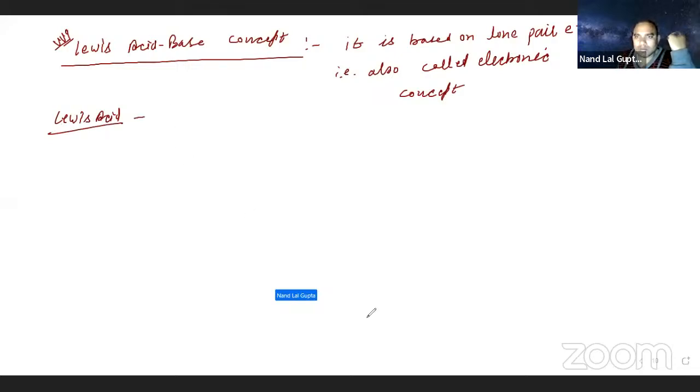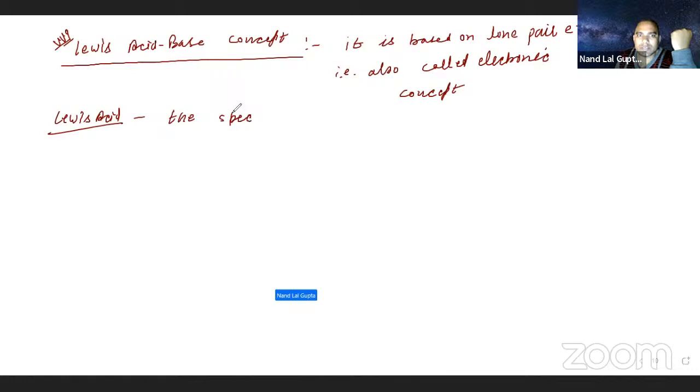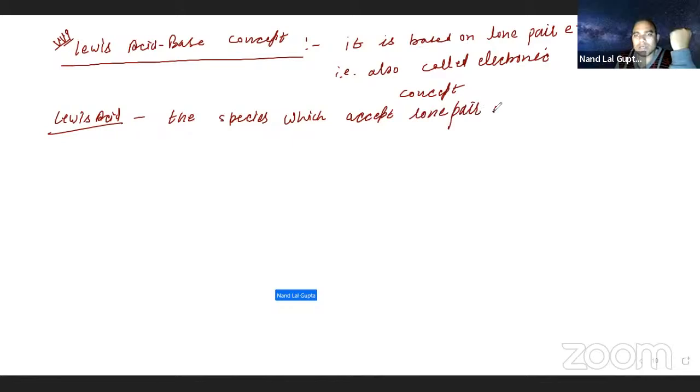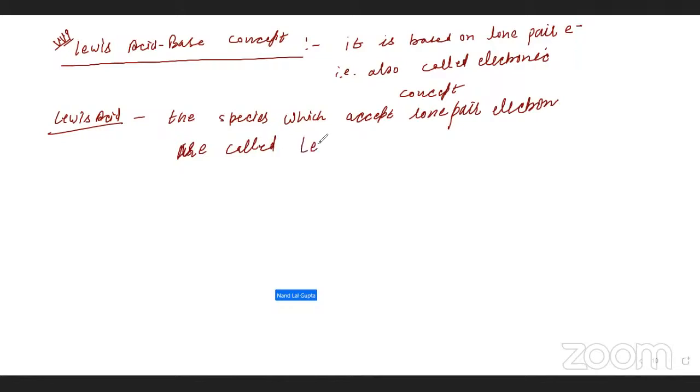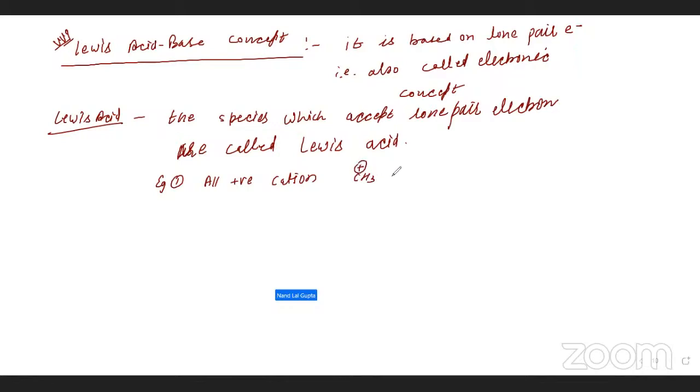A Lewis acid is an electron deficient species, a species which accepts a lone pair of electrons. Now, examples: all positive cations, like CH3 plus and H plus.